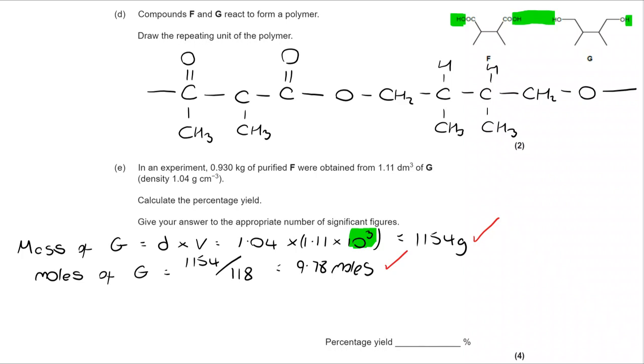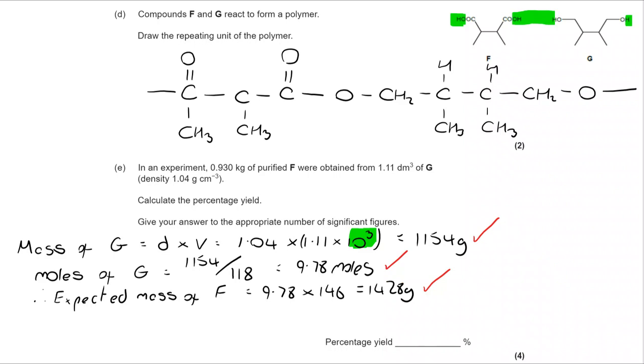Now, I can work out the number of moles of G, by taking my mass and dividing by the Mr. You can calculate the Mr by adding up the relative atomic masses. I'm going to leave you to do that for yourselves to confirm that it comes to 118. So 9.78 moles.